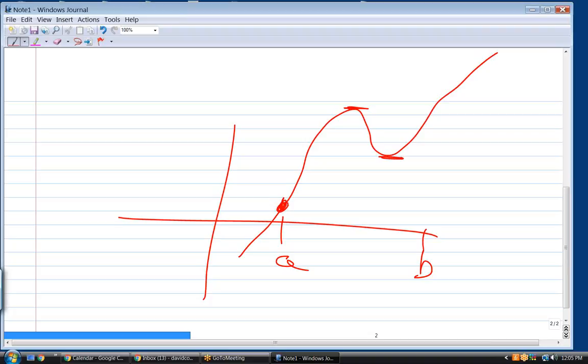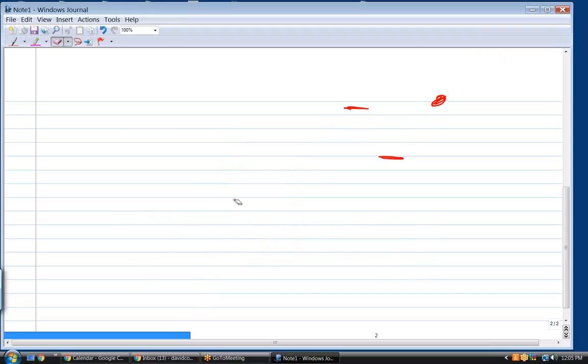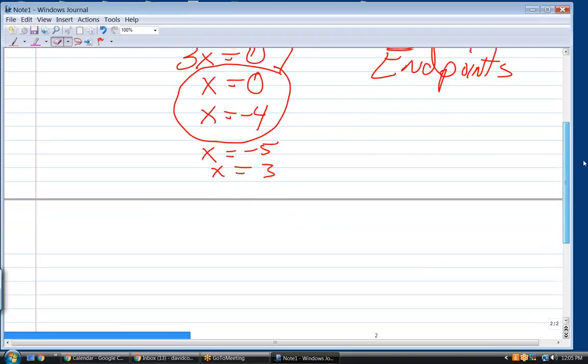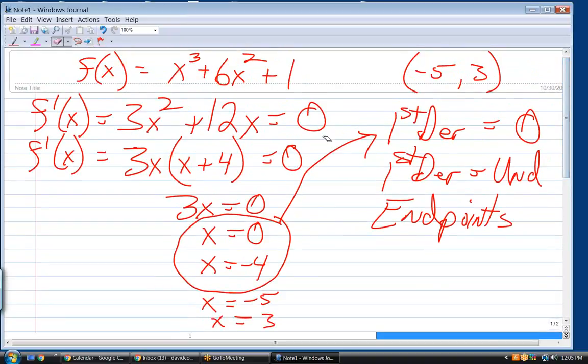This is the minimum right here, and that's the maximum. So you have to check your endpoints also. And the way to check all of these is to plug them in. Do I plug it into the derivative, or into the original equation? The original equation.